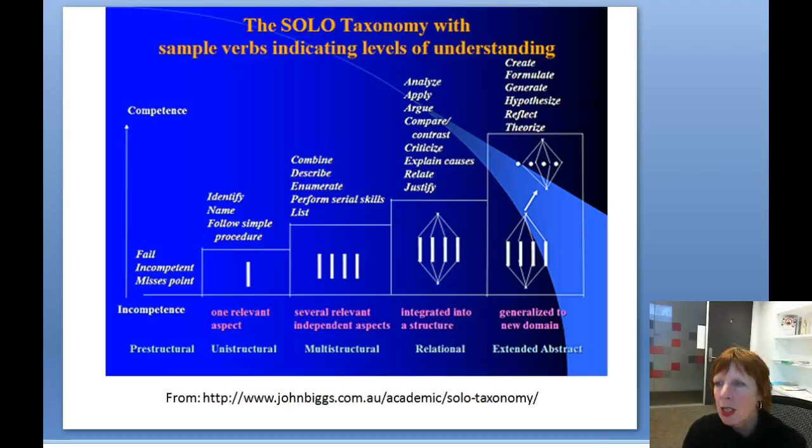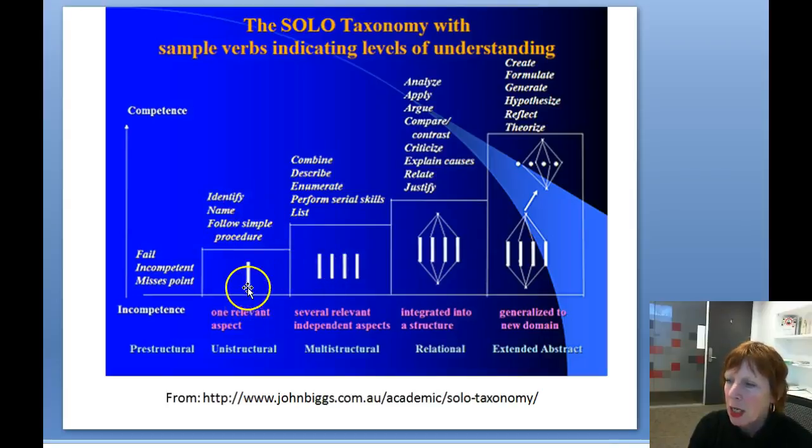The next taxonomy is the SOLO taxonomy, which is one that Biggs was involved in developing, and I like this taxonomy for a number of reasons. It shows similar levels to Bloom's in terms of cognitive processing, but I think it gives more of a theoretical framework for the differences between those levels.